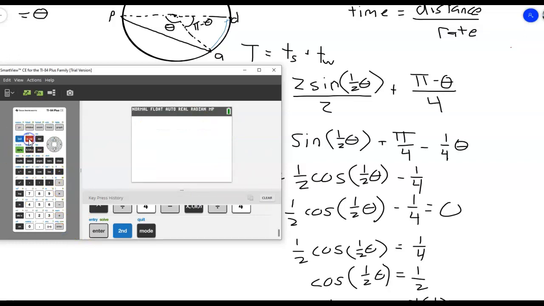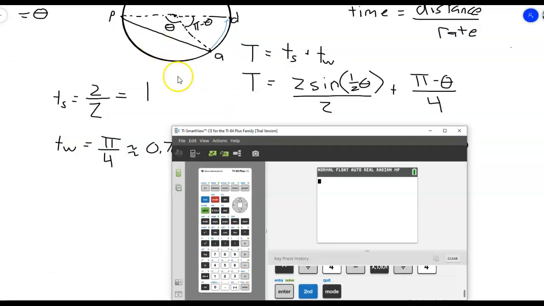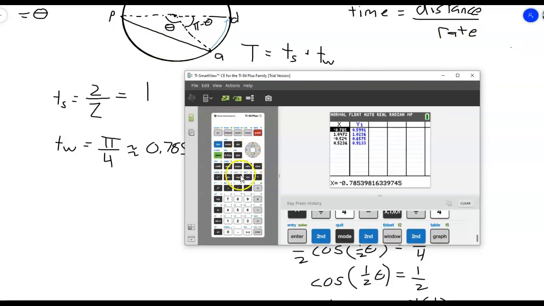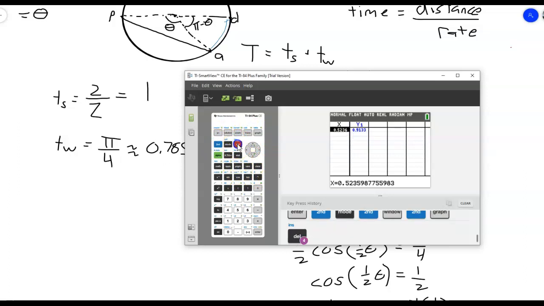And let's go ahead and evaluate this. First of all, remember, I'm going to go to second window, make sure that's on ask, delete. Let's make sure these values are correct first. So this first one is if he swims the entire way.